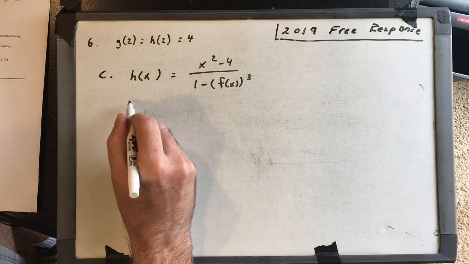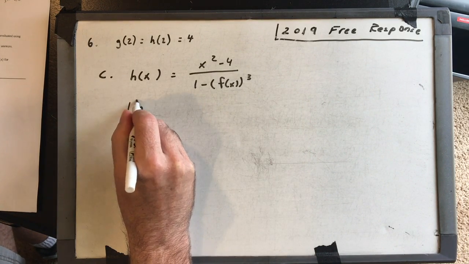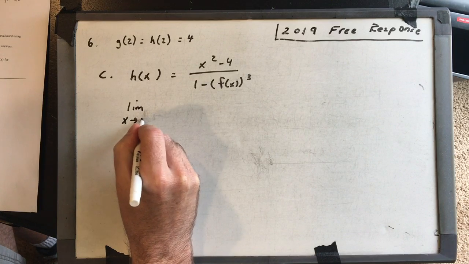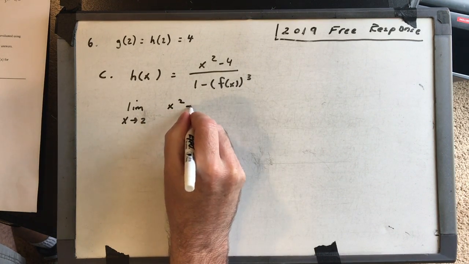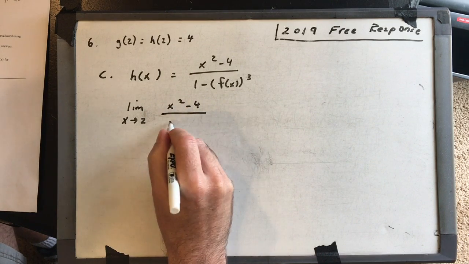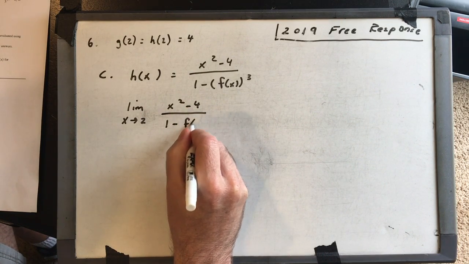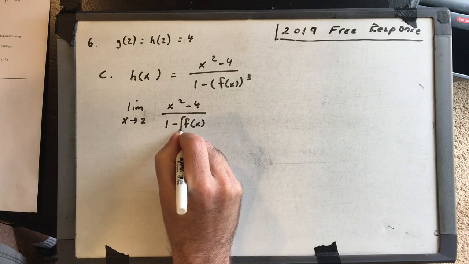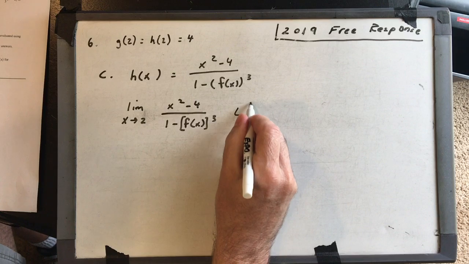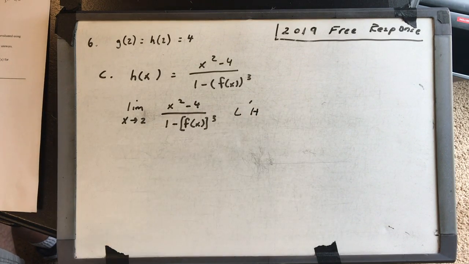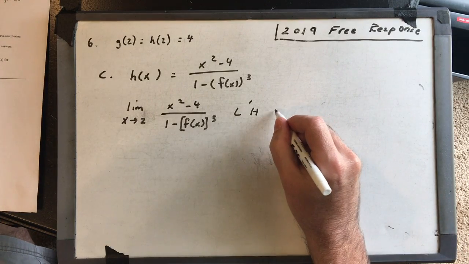So for example, let's say they wanted you to find the limit as x approaches 2 of x squared minus 4 over 1 minus f of x cubed, using L'Hopital's rule. Now remember, you need to write an LH there to do that.